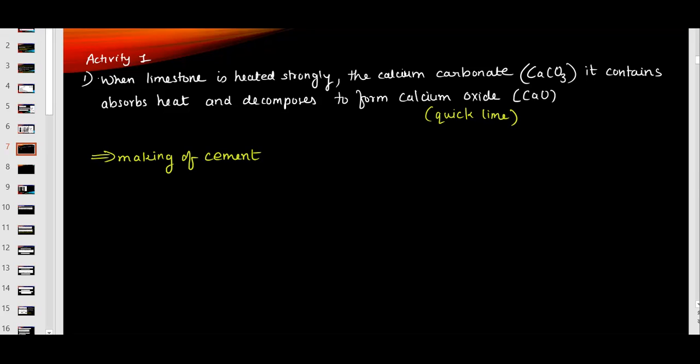Like that, quicklime is a key ingredient in making of cement, and to make certain types of plaster also. Plaster तो पता होगा आपको.